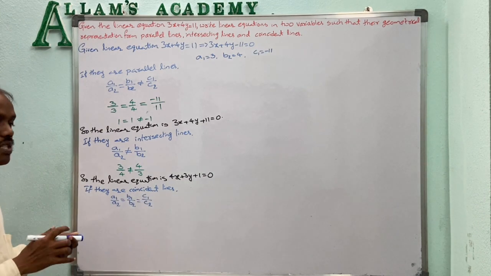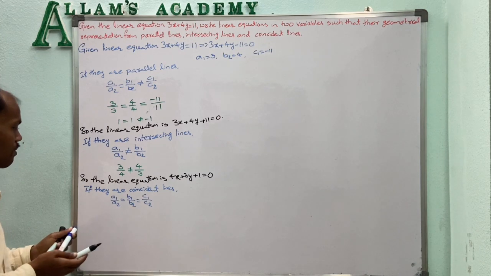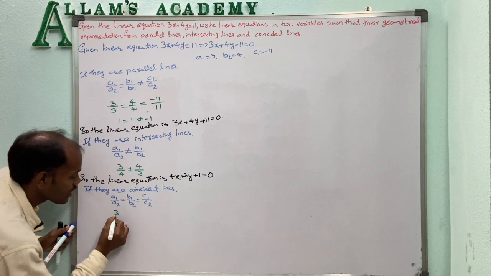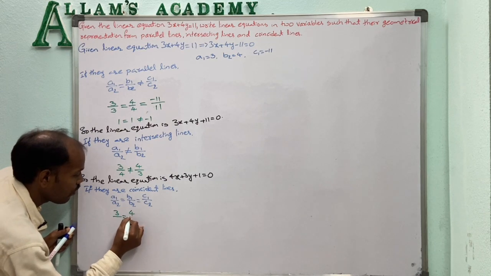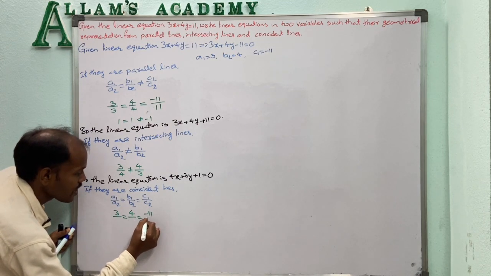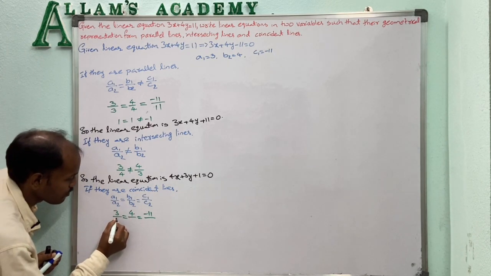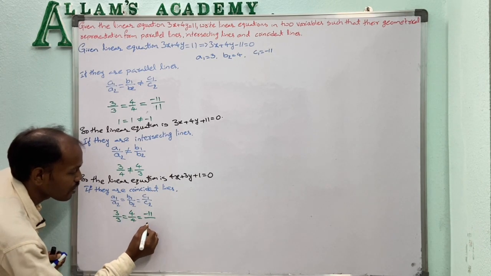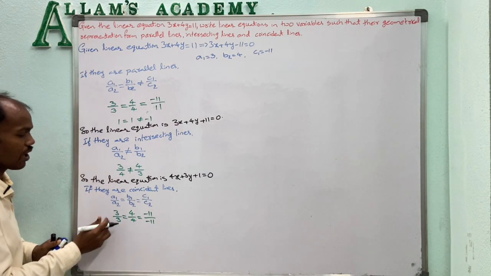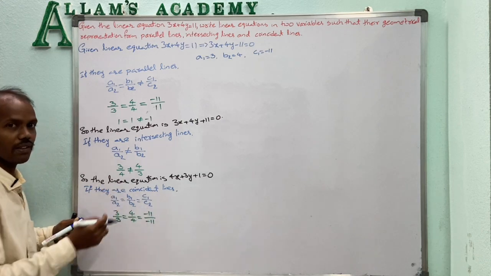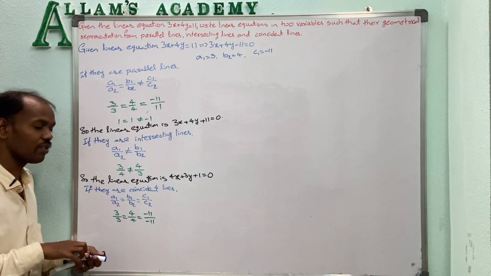All ratios are equal. So simply I am taking the same values 3, 4 and the constant term minus 11. Now 3 by 3 equal to 1, 4 by 4 equal to 1, minus 11 by minus 11 equal to 1.